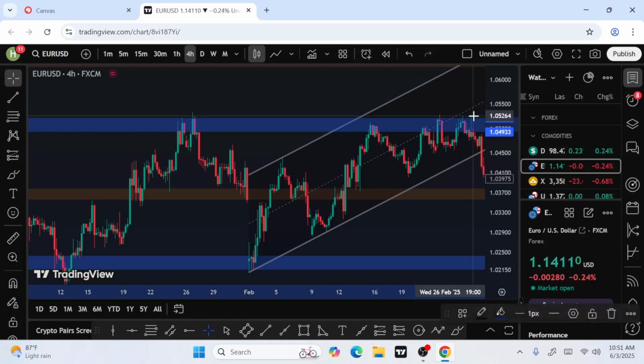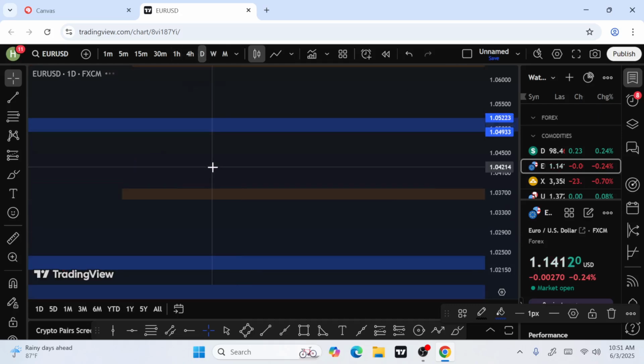This is the high. Because this movement here is responsible for the breakout. We are still in an uptrend. Now it has broken out. Don't forget, on a higher time frame, let's go to daily time frame.